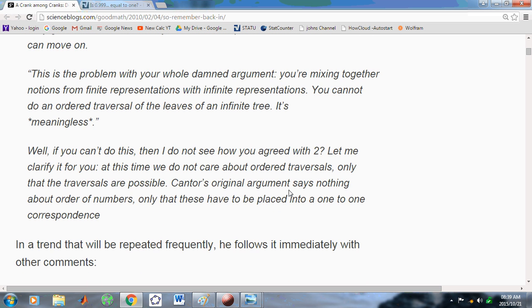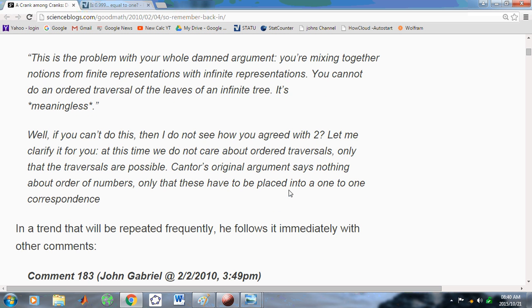And so I said to him, well, if you can't do this, then I do not see how you agreed with 2. Let me clarify it with you. At this time, we do not care about ordered traversals, only that the traversals are possible. Cantor's original argument says nothing about the order of numbers, only that these have to be placed into a one-to-one correspondence with a subset or the set of natural numbers. Okay?